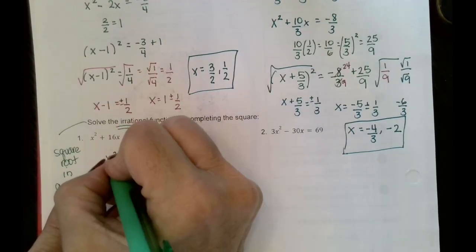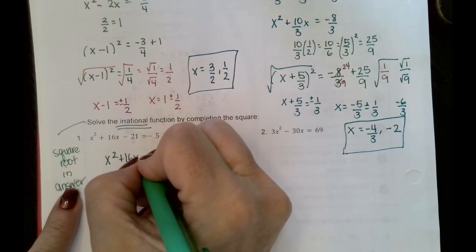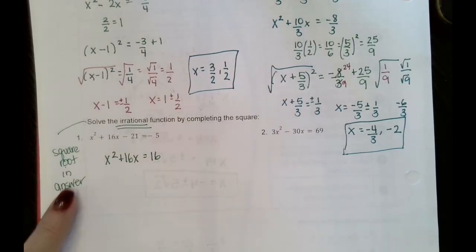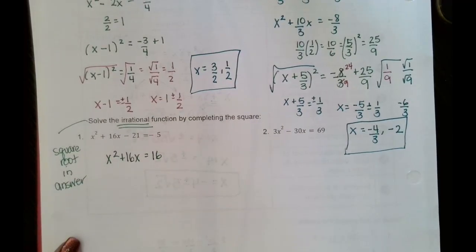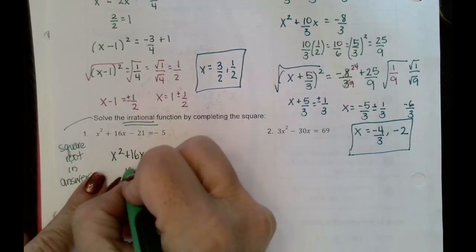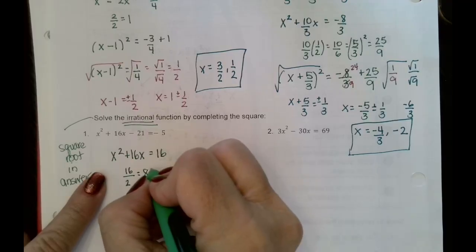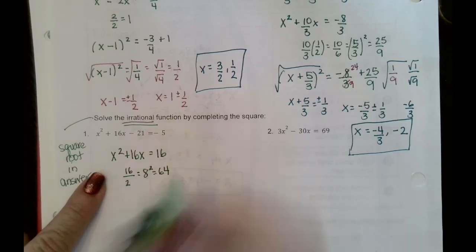Okay, so we're going to start this exactly the same way. So I have x squared plus 16x. I'm going to add the 21 to both sides. So this is going to be plus 16. Okay, this value of a is 1, so I don't have to do anything. I just take the middle term, divide it by 2, and this is going to give me 8 squared, which is 64.